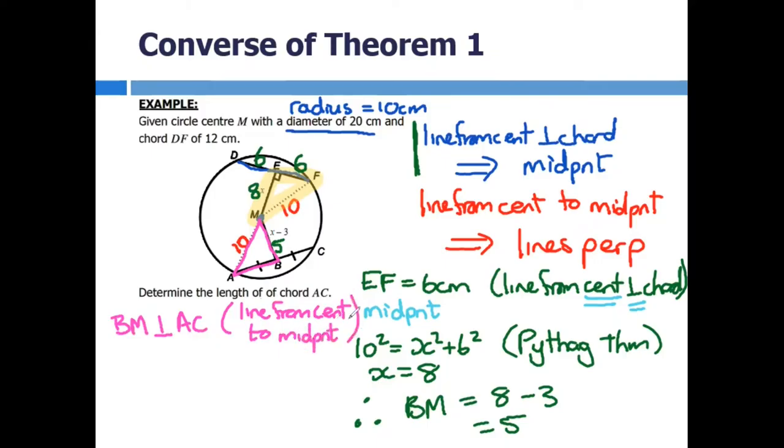Now remember I said if you're trying to figure out which reason you need to use, your statement together with your reason has to mention all three aspects. So do you see here, in my statement I'm talking about the perpendicular, and in my reason I'm talking about center and midpoint. So I've mentioned all three things, and that will help you to figure out which reason to use.